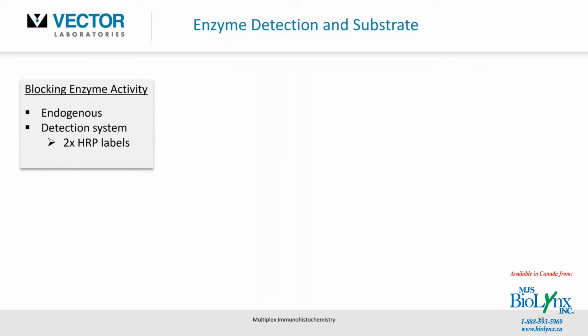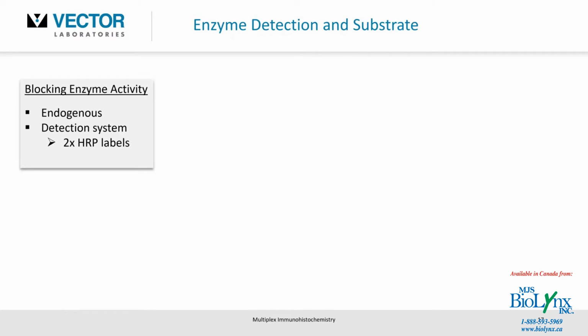All right, just to round out our discussion on enzyme substrates, the application of chromogenic immunohistochemistry is a little unusual in that there is inherent enzyme activity that you have to eliminate, and then you're going to introduce that same enzyme, probably either peroxidase or alkaline phosphatase, as part of that detection system.